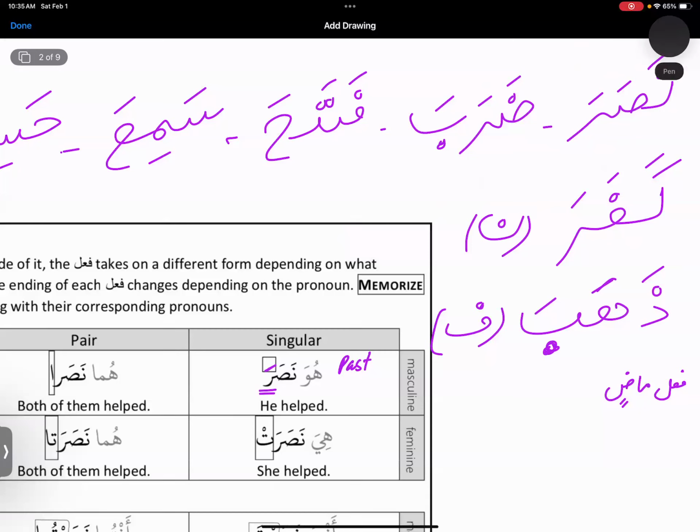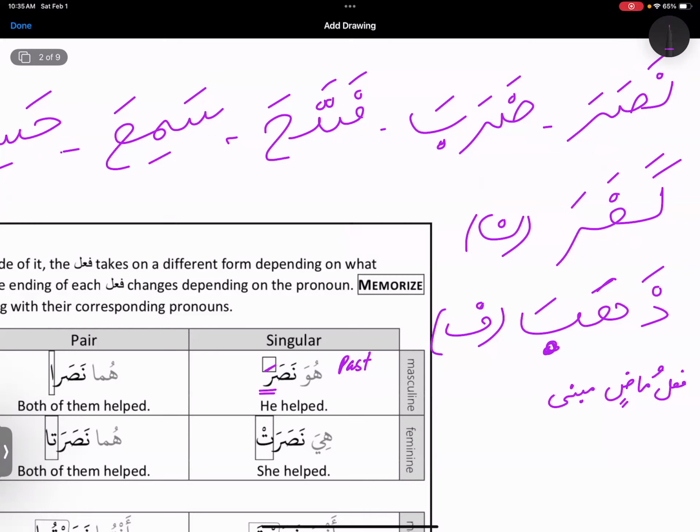So Fi'lu Madin. Now Fi'lu Madin, what do we know about Fi'lu Madin? That this is always mabni. Why is it mabni? Because Fi'l Mudariya can be marfu, mansoob, and majzoom.